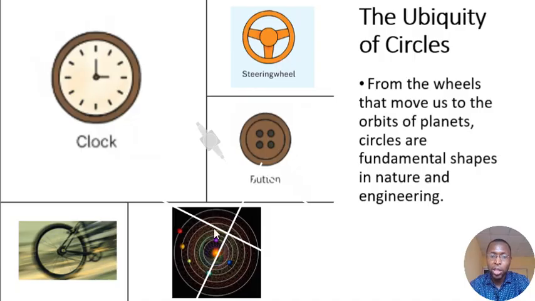Some of the buttons we use on our clothes are circular. The wheels of our vehicles are circular. Even the movement of the planets on their orbit is also in a circular manner. So circular shapes are fundamental in nature and in engineering.